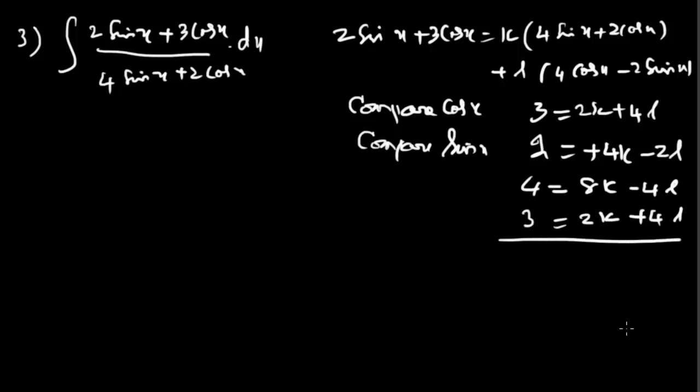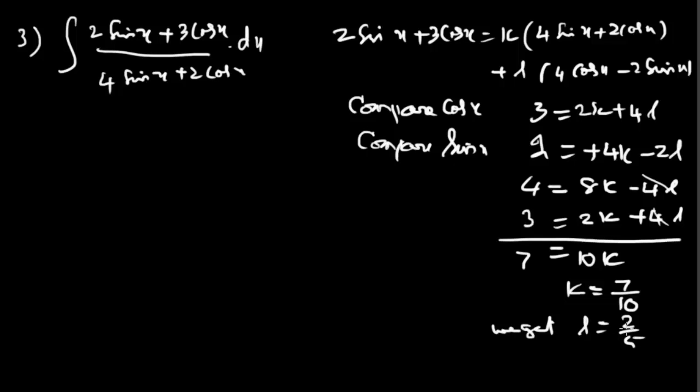Add both the equations, this gives you 7 on the left and 10k, because minus 4l and plus 4l cancels. k is equal to 7 by 10. By substituting the value of k in one of the equations, we get l is equal to 2 by 5.